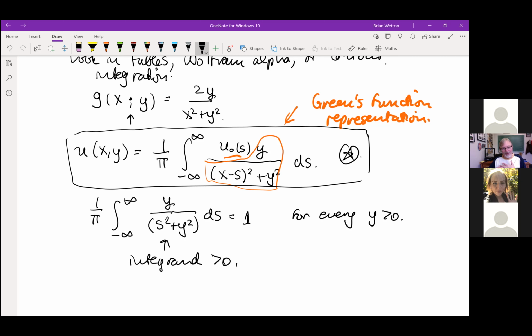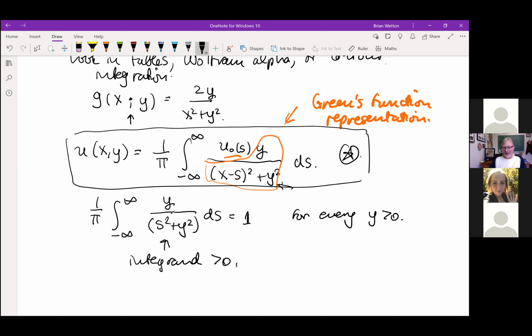And this is just like the Green's function for the heat equation, but of course the shape of the weighted average is different for the two problems.